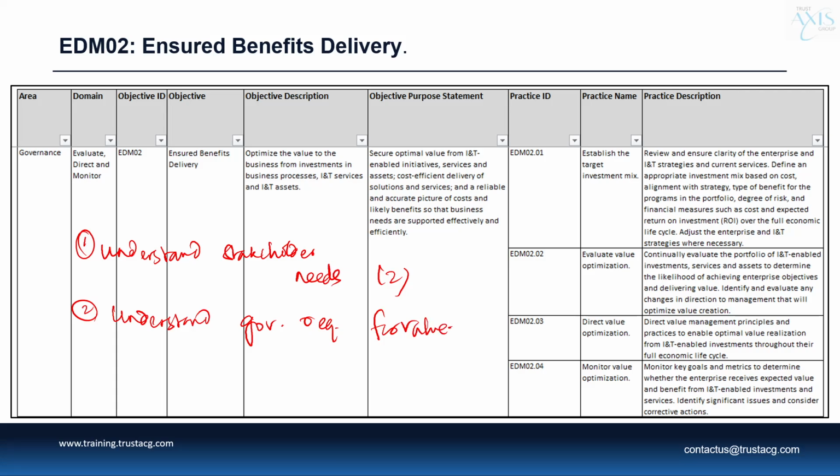Here you can define the governance structures and control mechanisms that are required for cost effective and secure value delivery. For example, ensuring investment review boards that are defined are effective as well as operating and active, right? So this, if you implement, will help you achieve at least a maturity level of 3 within the enterprise, right?